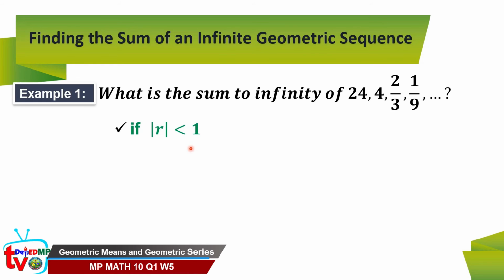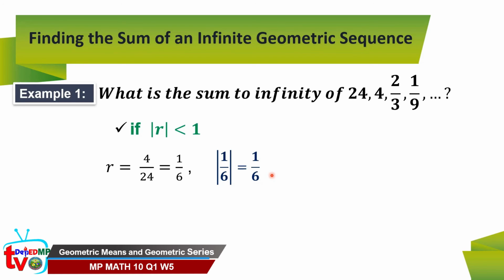Let us determine the common ratio of this sequence then. Divide the second term by the first term, which is 4 divided by 24, that gives 1 over 6. Next is to get the absolute value of 1 over 6, which is equal to 1 over 6.